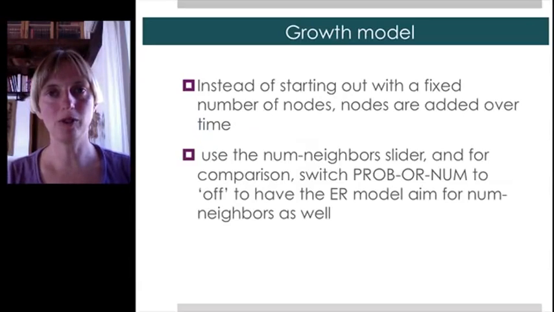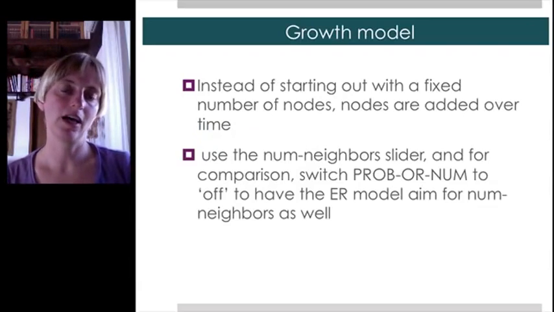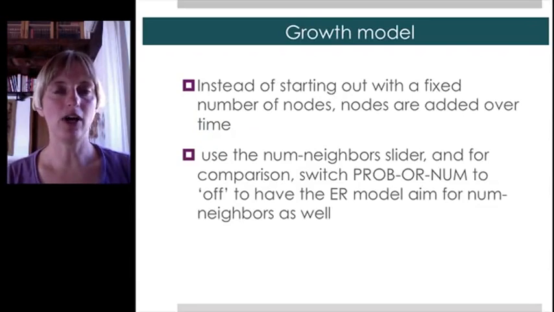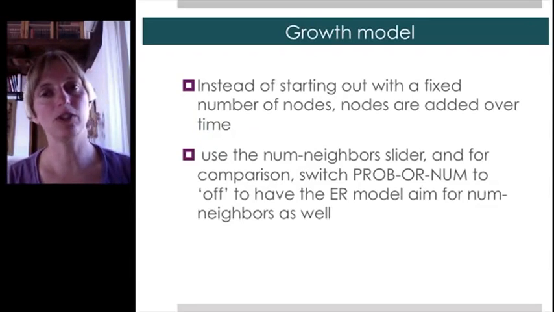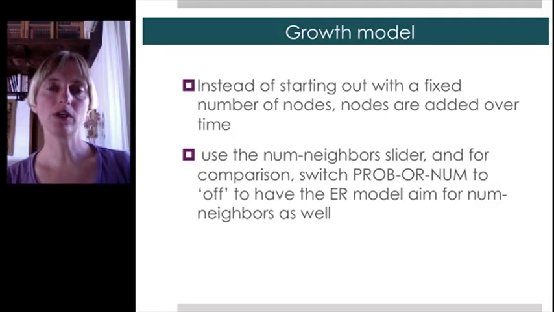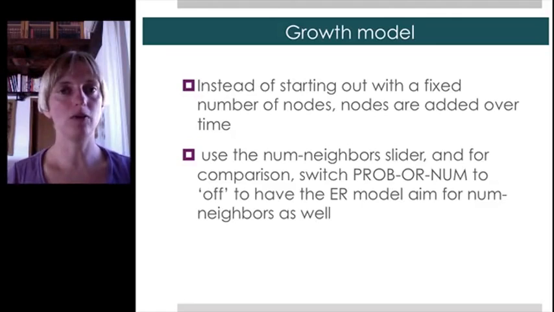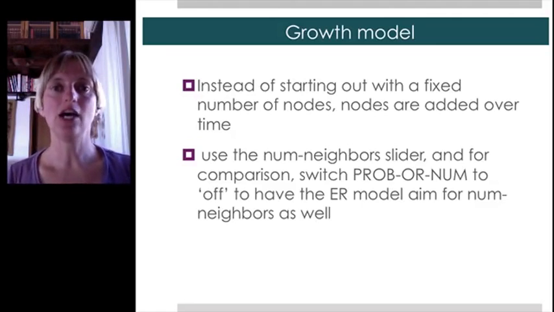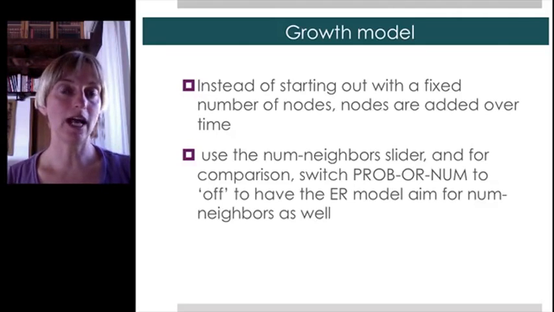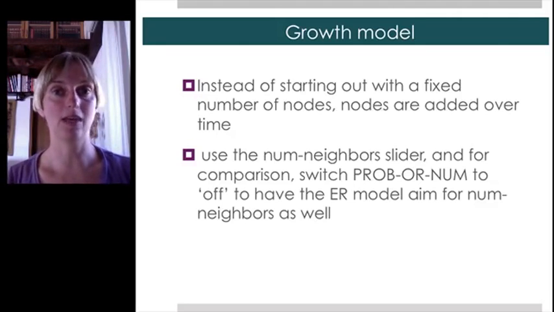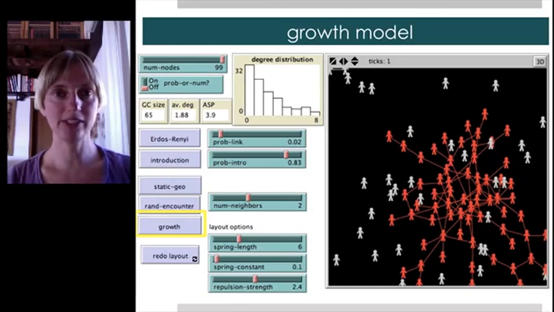The next model we'll look at is a growth model. Here, instead of having all the nodes present up front, as we do with the Erdős-Renyi model, we're going to be adding them over time, intermittently along with the edges that are being added. So you might ask, well, okay, what does that mean? Nodes that have been around longer, do they get more edges? We shall see.